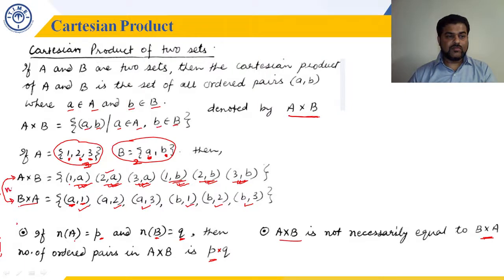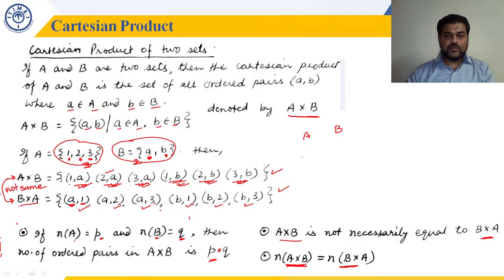These are not the same. However, the number of elements in A cross B will be the same as the number of elements in B cross A. This is also true, as we have seen in this case. Now, let's take an example.